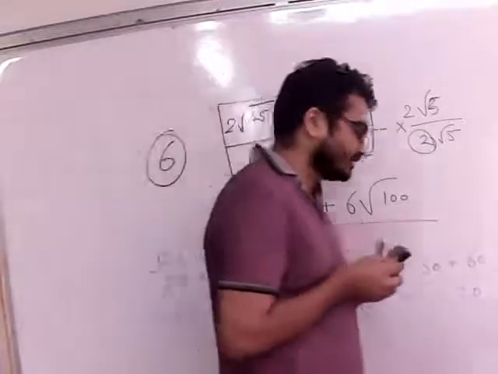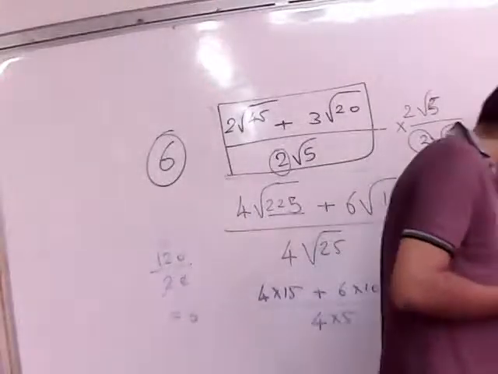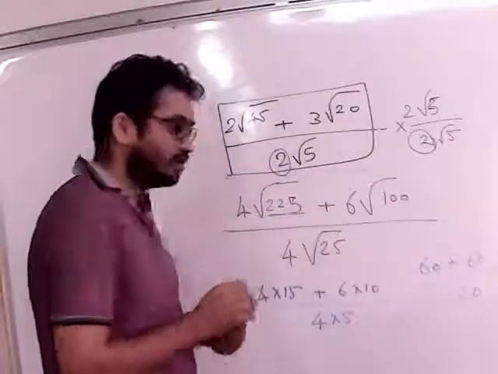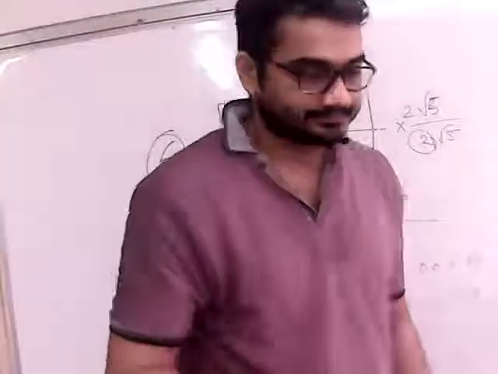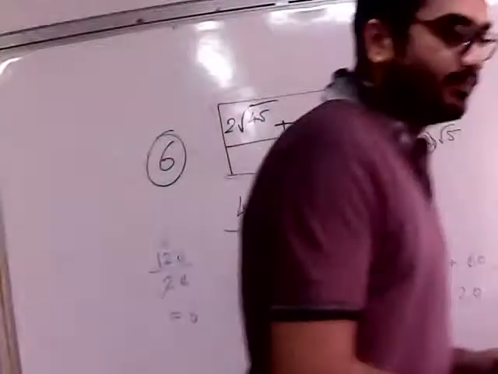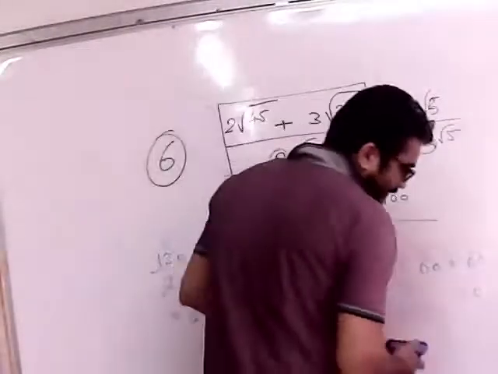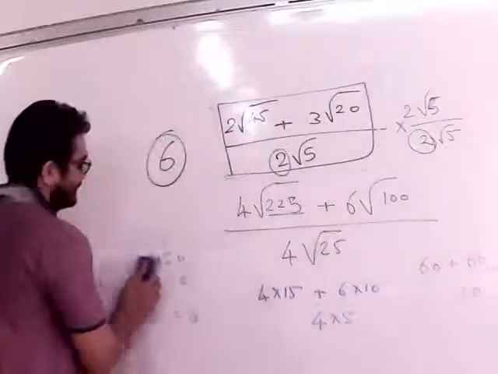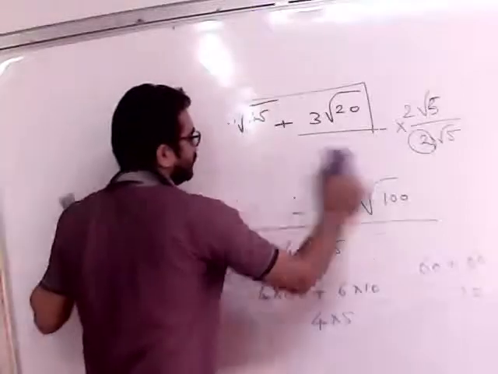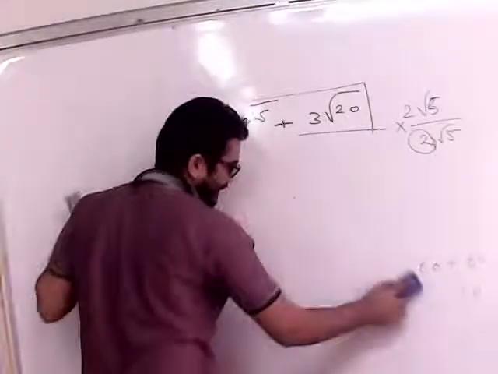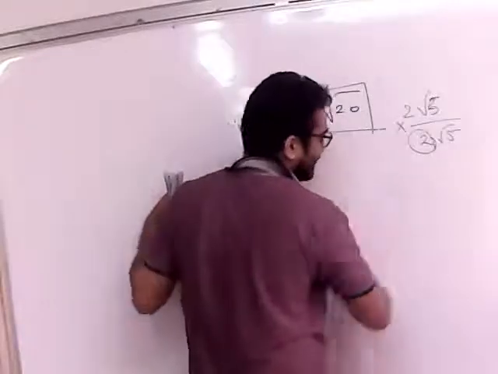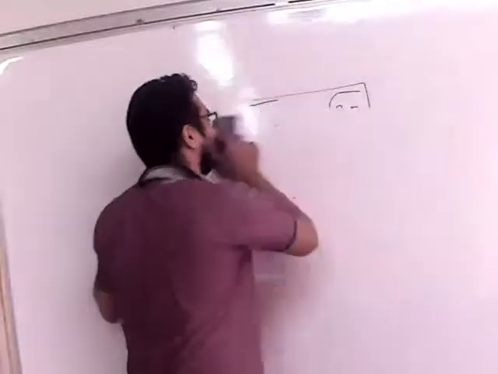Okay. Now let us take another example and try to prove whether the given number is a rational number or irrational number. Suppose we are having one question: check whether 7 minus 2 root 3 is an irrational number or not.